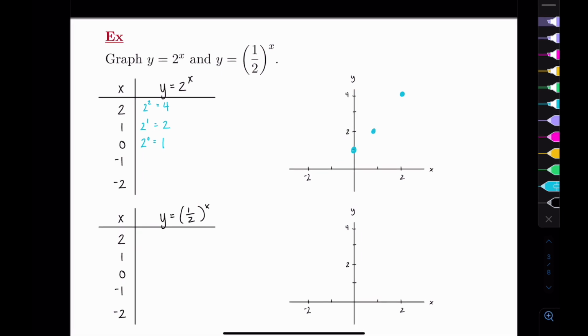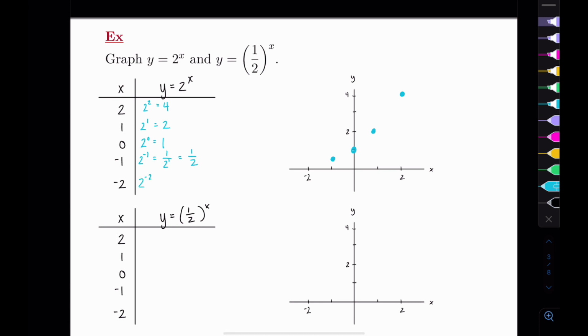Now remember back to our exponent rules. If we have a negative exponent, we need to change its position to make it positive. So when I plug in -1 for x, I would flip its position to give us 1 over 2 to the first, or 1/2. So when our x is -1, our y value is 1/2, which is roughly about here.